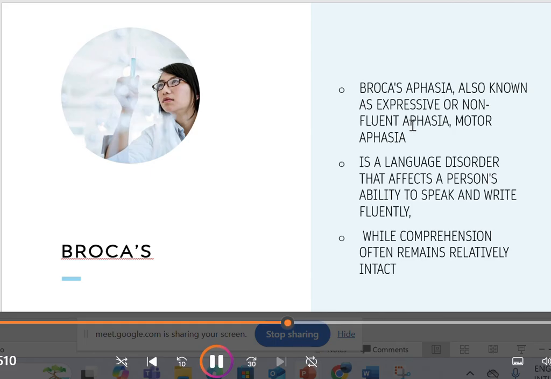It is expressive or non-fluent because we are not able to fluently express our ideas or fluently speak, while comprehension often remains intact. We are not able to produce or express what we have to tell, but what others tell us, we are able to comprehend. This is Broca's aphasia.